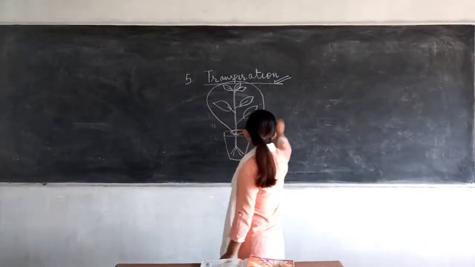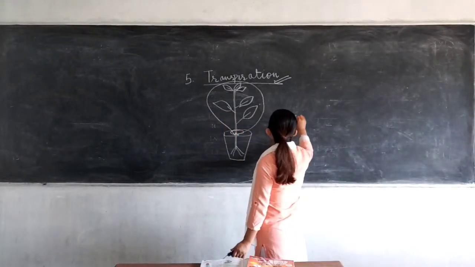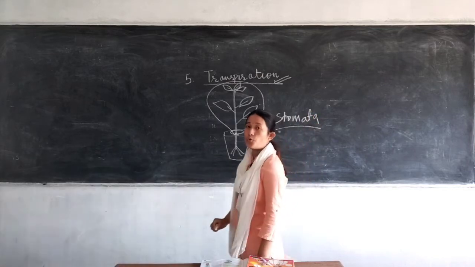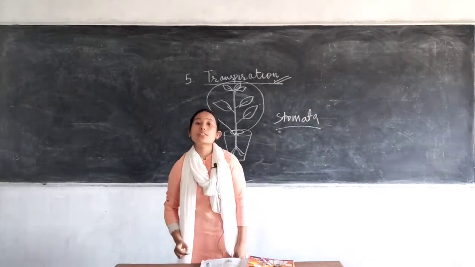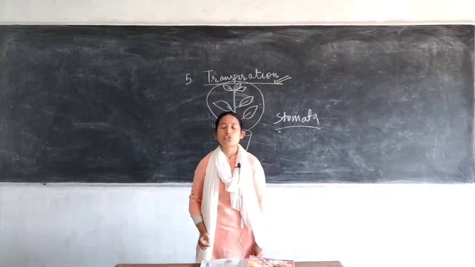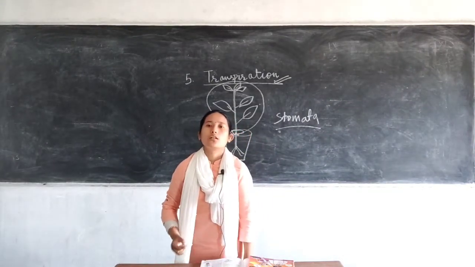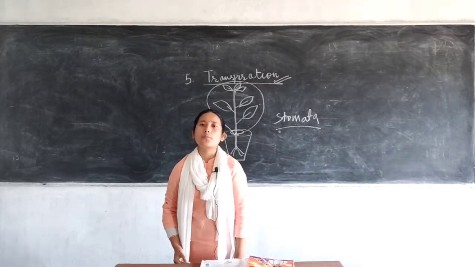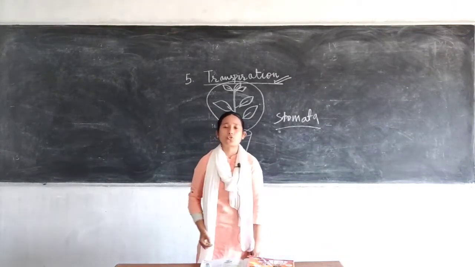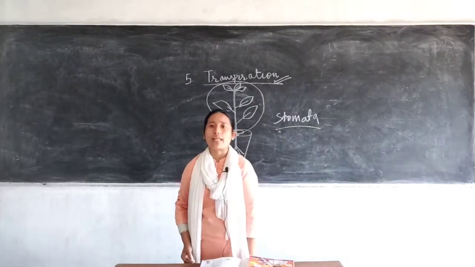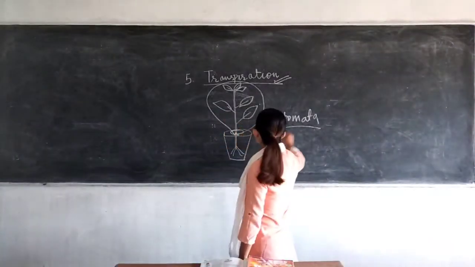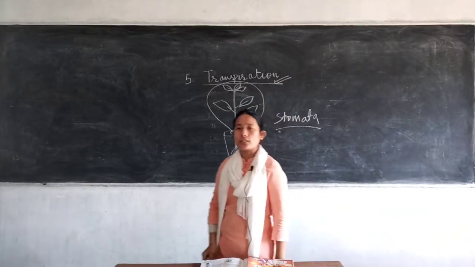We all know what stomata are, right? Stomata are the tiny pores present most majorly on the lower side of the leaves. Through these stomata transpiration occurs. Other parts of the plant through which transpiration occurs are the lenticels and cuticle too, but primarily it is through the stomata present on the leaves.